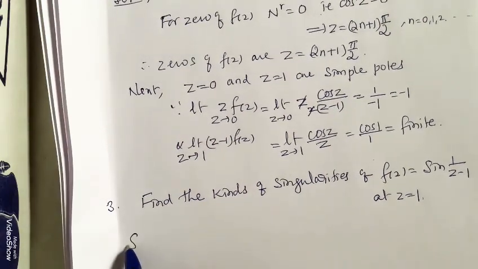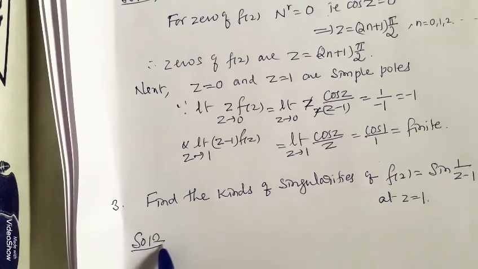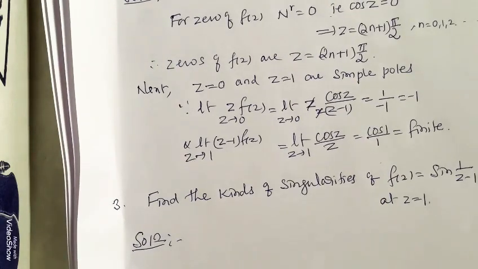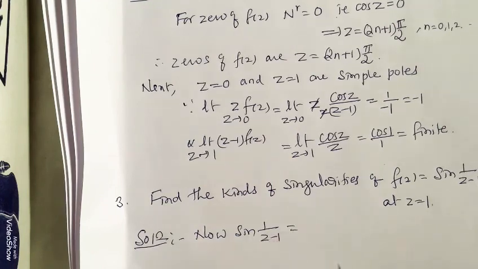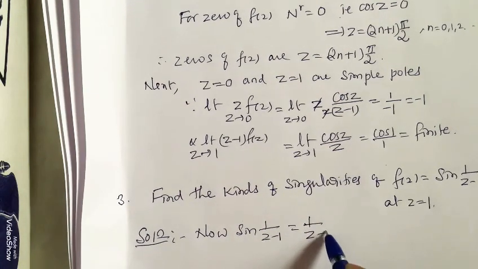For this type it is better to apply series here. Therefore now, sine of 1 upon z minus 1: if it is given as sine or cos, or in the form of e or log and so on, please expand it. Sine of x is x minus x cube divided by 3 factorial plus x to the 5 divided by 5 factorial, minus plus and so on, where x means 1 upon z minus 1.